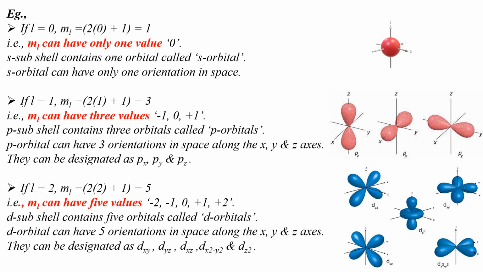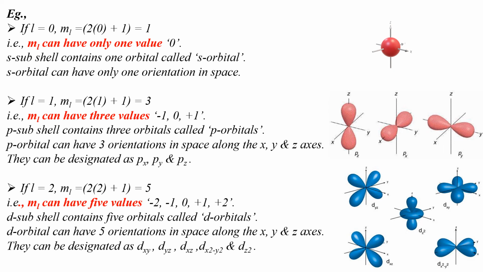Now, if the value of l is 1, the number of ml values will be 3. That means ml can have 3 values: minus 1, 0, plus 1. So it means the p subshell contains 3 orbitals called p orbitals.